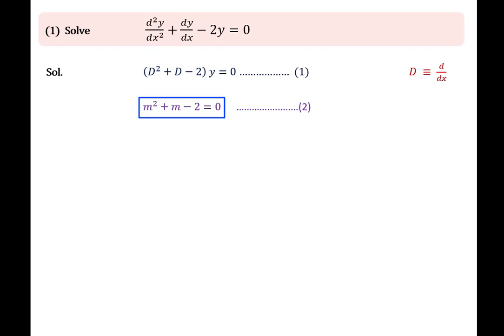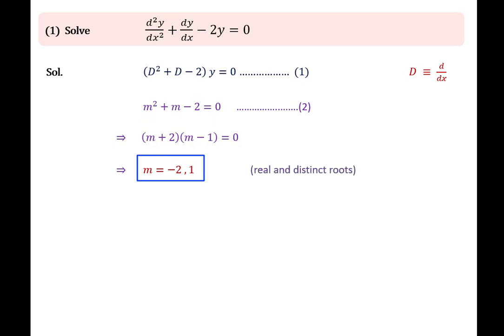So it has two roots and the roots are minus 2 and 1. Here the roots of the auxiliary equation are real and distinct. So the complementary function is c1 e power minus 2x plus c2 e power x.